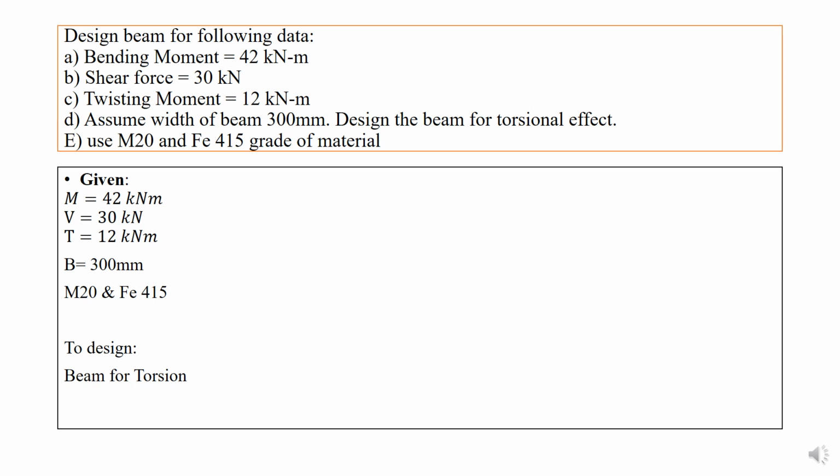So M is 42 kilonewton meter, shear force is 30 kilonewton, twisting moment is 12 kilonewton meter, width of beam is 300 mm, M20 and Fe 415 grade steel is used. Make note of the grades too because sometimes the grades might vary drastically.